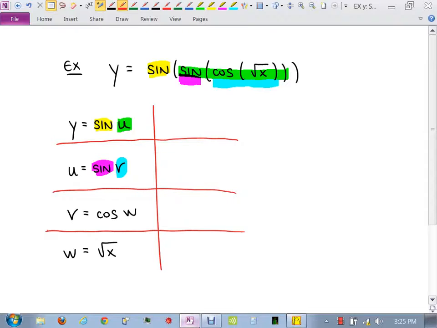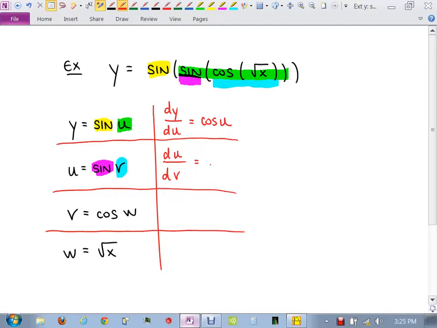The first one I have, I'm going to be doing what? dy du. And that should be? What's derivative of sine of u? Cosine of u. Okay, next one should be d what, d what? du dv, right?